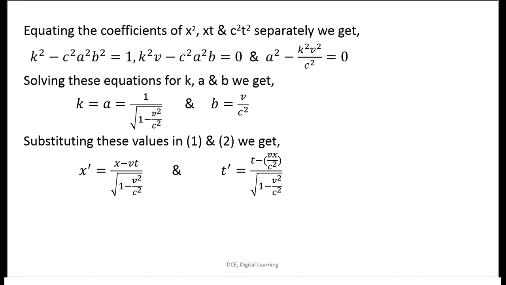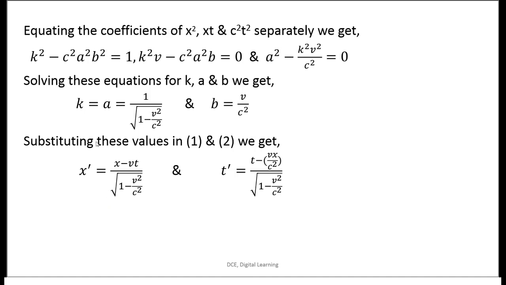Substituting these values in equations 1 and 2, we have the transformation equations, that is x prime is equal to k into x minus vt, and t prime is equal to k into t minus vx.